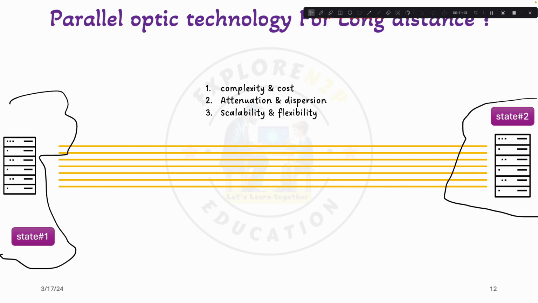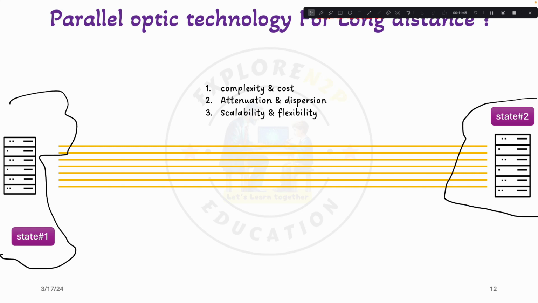Handling this dispersion is a challenge in serial communication as well as in parallel optic technology. But the major challenge in parallel optic technology is that you are sending the bits in different fibers. So on the receiving side, you have to reassemble it. Reassembling or decoding the information is very tough when you are dealing with attenuation and dispersion in parallel optic technology. And scalability and flexibility, of course, have plus and minus on both sides.